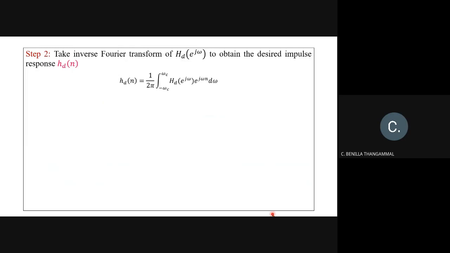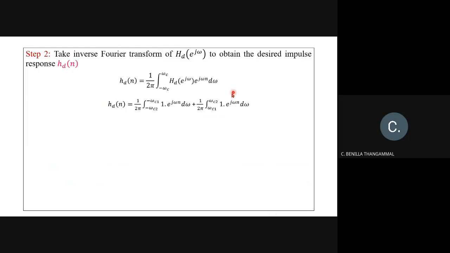Hd of n is equal to 1 by 2 pi integral from minus pi to plus pi of Hd of e power j omega into e power j omega n d omega. So substitute your Hd of e power j omega. For minus omega c2 to minus omega c1, the value is 1. Again, for omega c1 to omega c2, the value is 1.